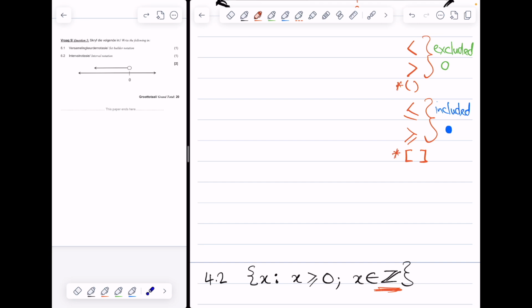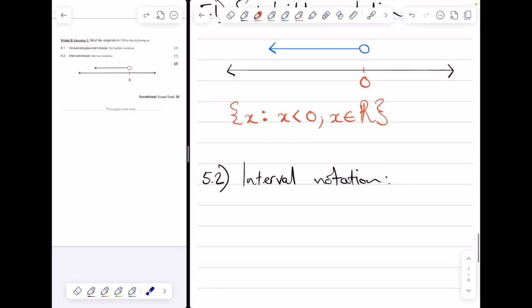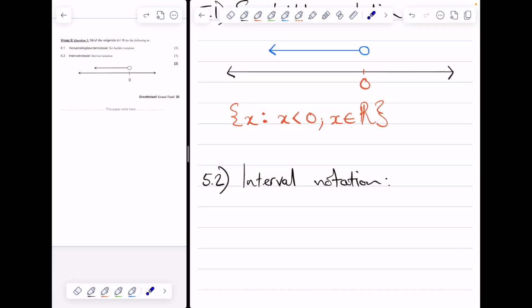So if I go back here, the fact that this arrow goes on to infinity means infinity or negative infinity will never be included, because we can't put our finger on infinity. We can't go to a number and say there's infinity.